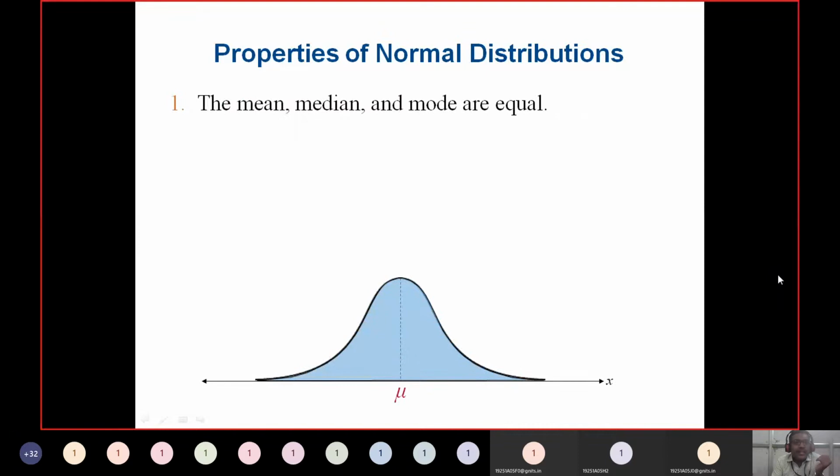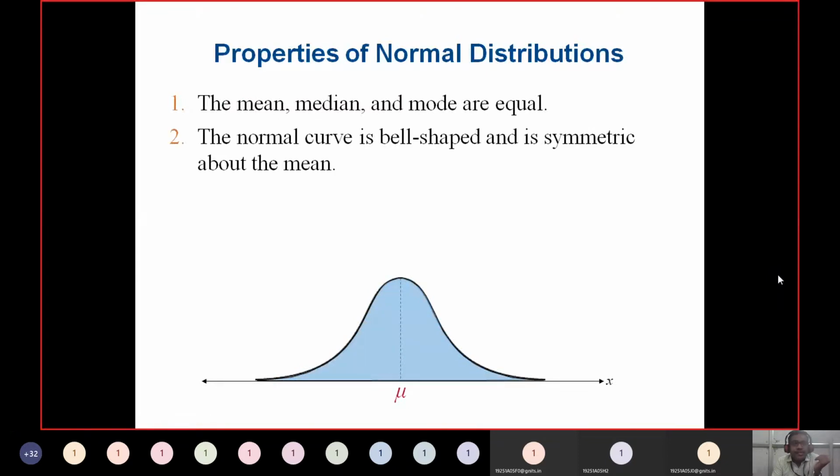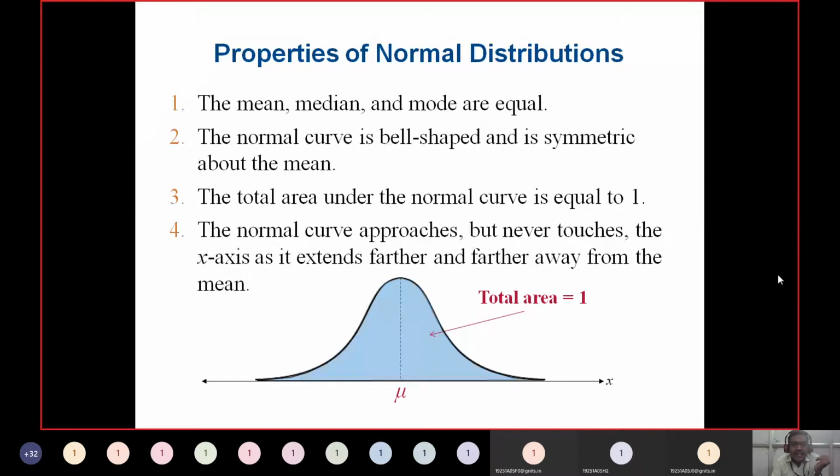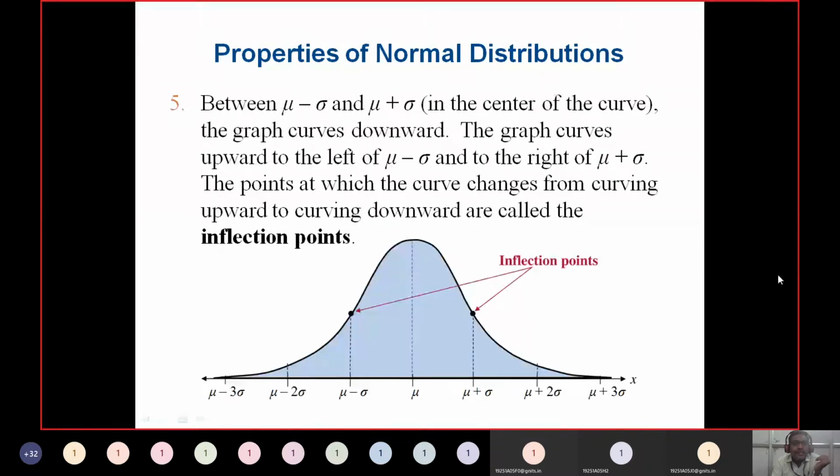We discussed that mean, median and mode are equal for the normal distribution, and it is a bell-shaped curve, symmetric about the mean, and the area under the normal curve is 1, and the x-axis is an asymptote. Almost 99.99% of the area is between mu minus 3 sigma and mu plus 3 sigma.